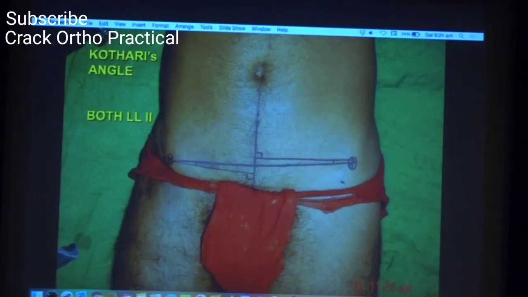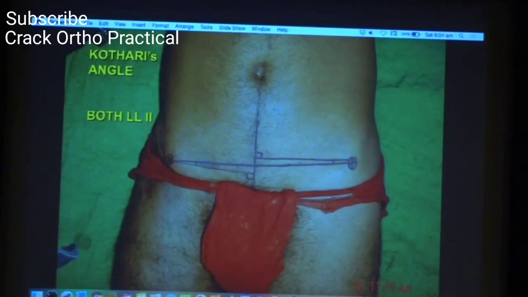And then from the normal side anterior superior iliac spine, you drop a perpendicular to the mid reference line. The angle formed between the horizontal line connecting the two anterior superior iliac spines and the perpendicular drawn is the Kothari's angle of abduction or adduction deformity.